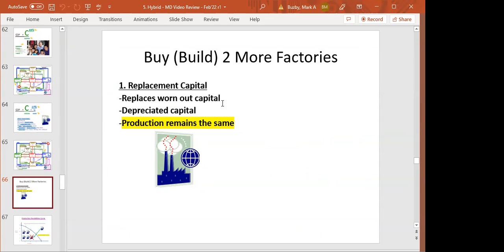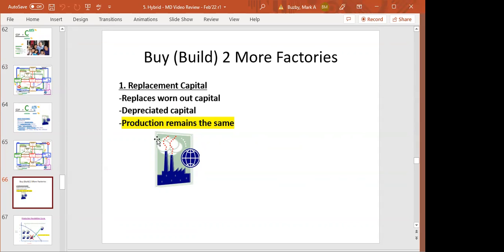Replacement capital is nothing more than the stuff that's depreciated. That's all it is. Over the lifetime of the year, something wears out. And my example in the textbook is, let's just say an entire plant wore out. All right. Or it got destroyed somehow, or it was obsolete, whatever it is.